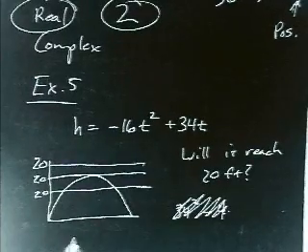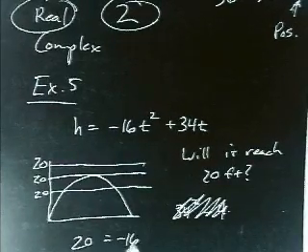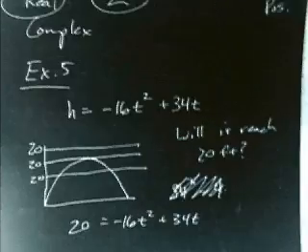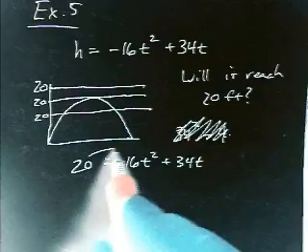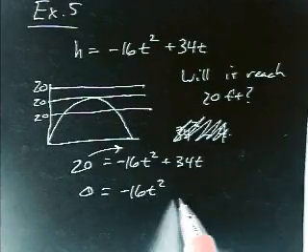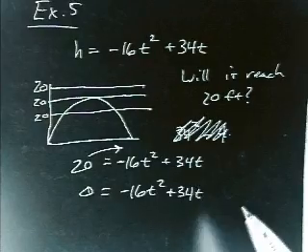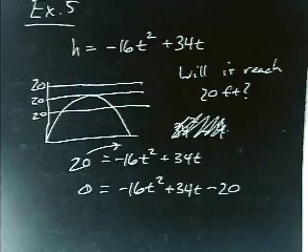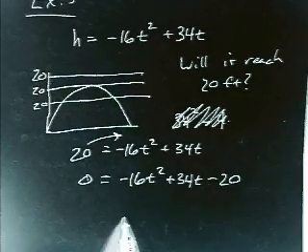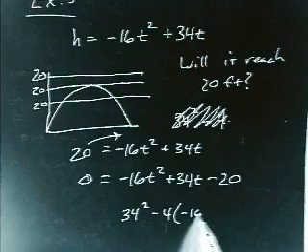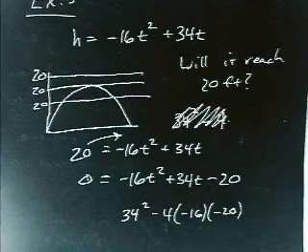Okay, so we put the 20 feet in. We got negative 16t squared plus 34t. And now we can set this thing equal to 0, right? Swing the 20 over, because you can't use the quadratic formula or any part of it, which includes the discriminant, unless it's set equal to 0. So now we can say, all right, we got b squared minus 4 times a times c.